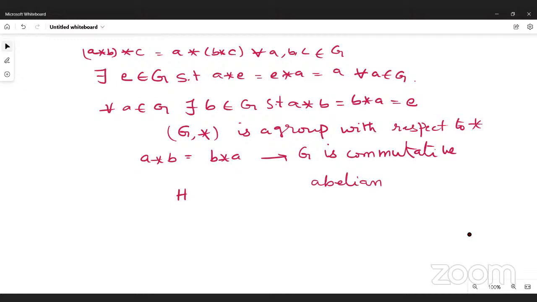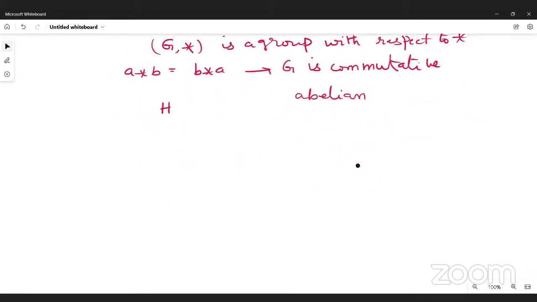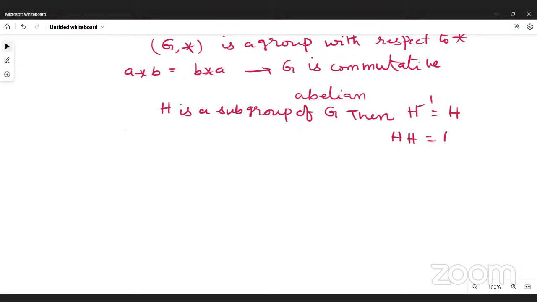We also proved that whenever H is a subgroup of G, then H inverse is equal to H.